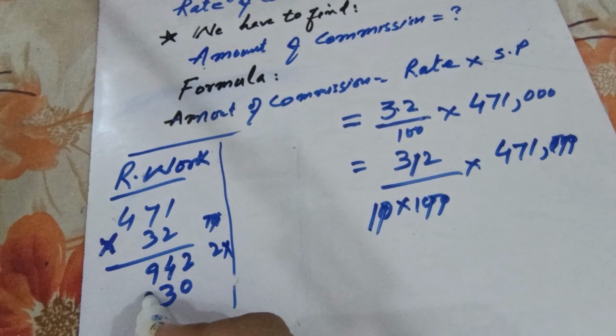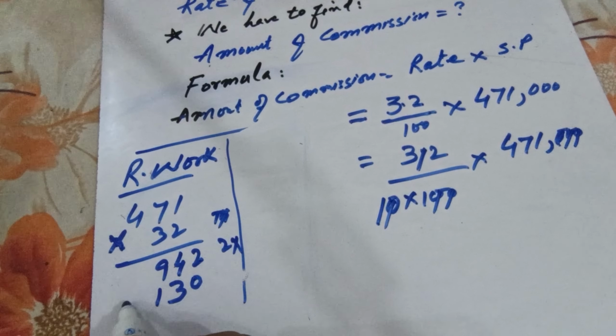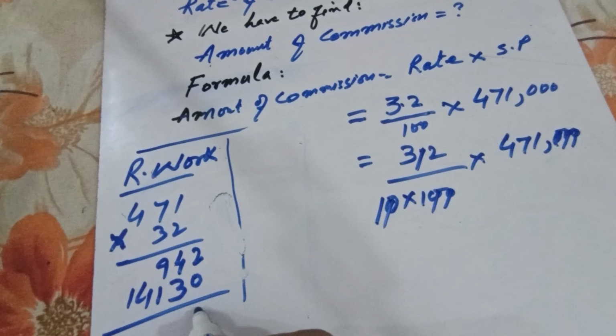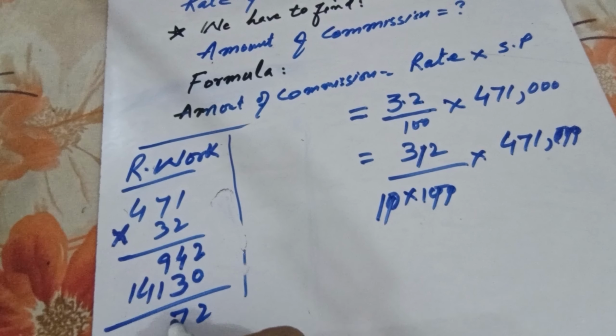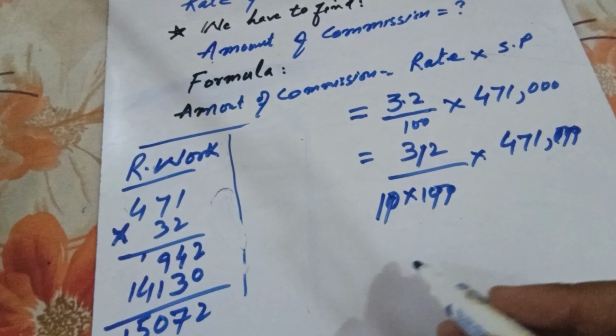We have written 1 here and 2 is carry. 3 fours are 12, 12 and 2 is 14. 2, 3, 4, 7, 9, 1 is 10, 1 carry, 4 and 1 is 5, 1. So this is 15072.